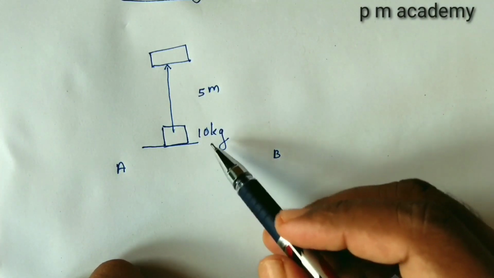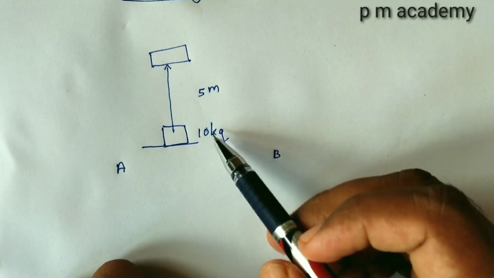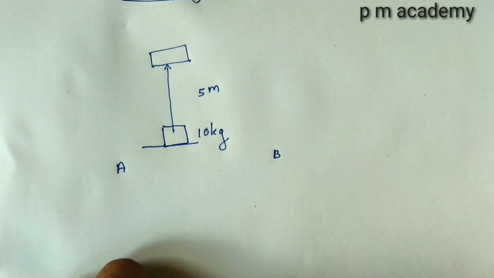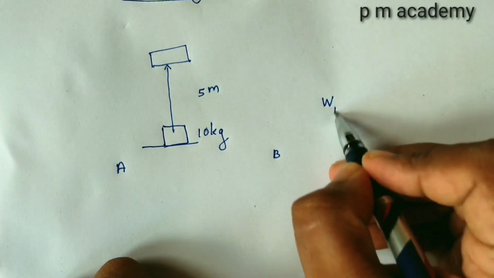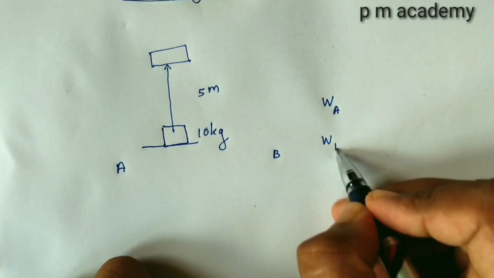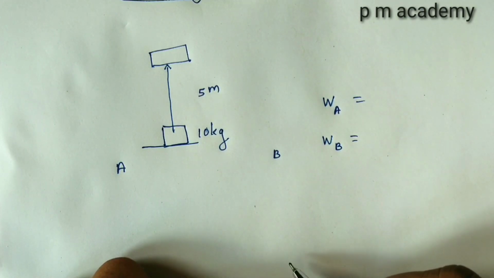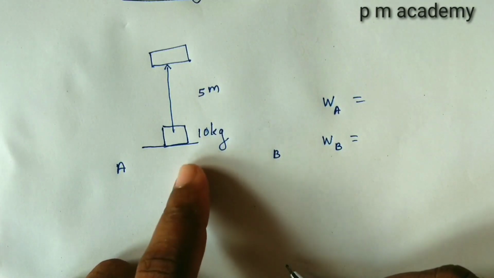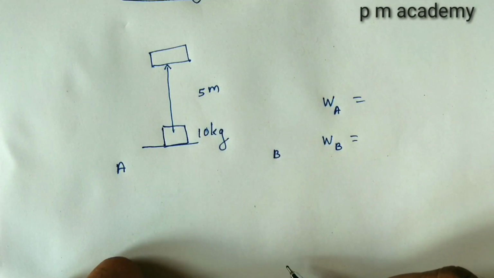Then the work done by A and the work done by B are both the same because both are raising an object of mass 10 kilogram to a height of 5 meter.